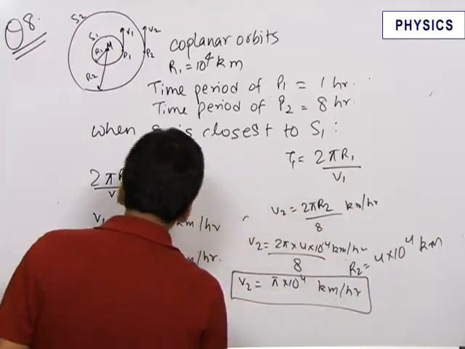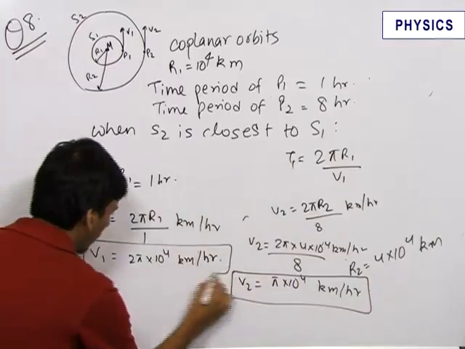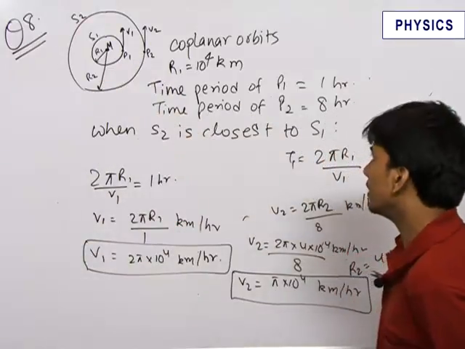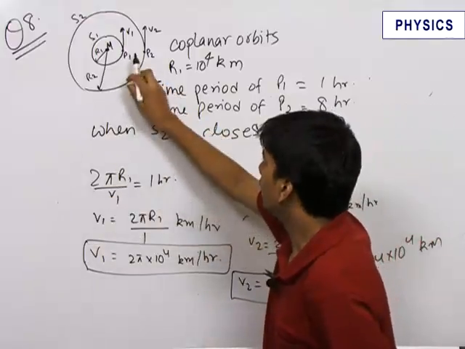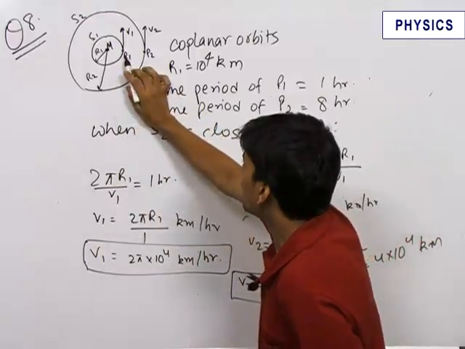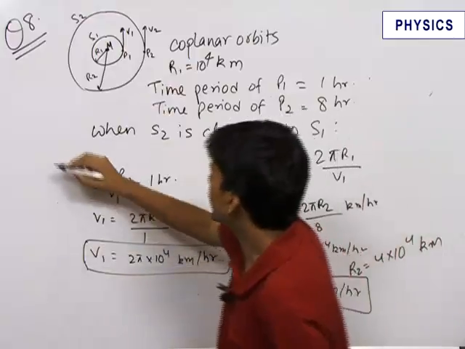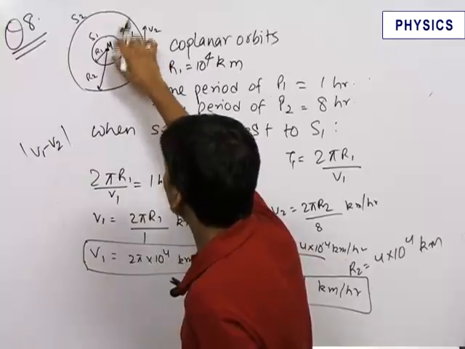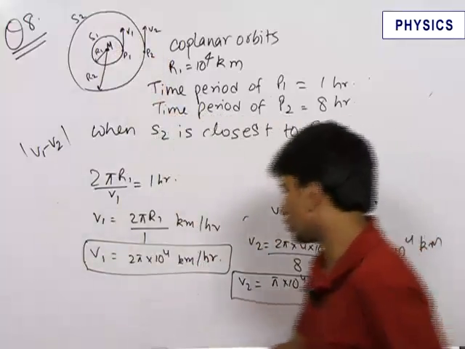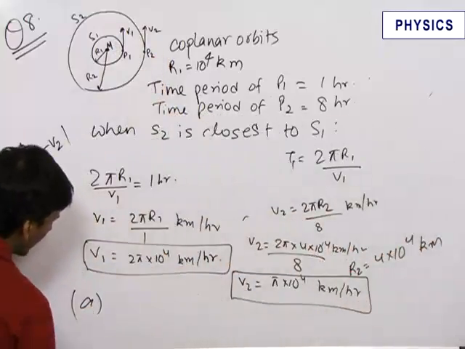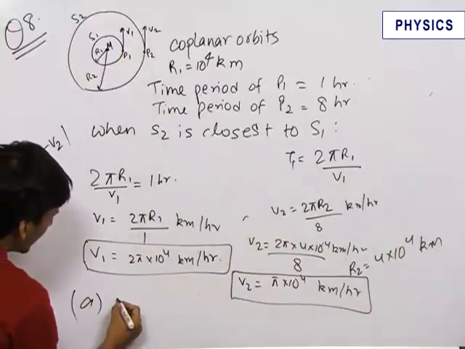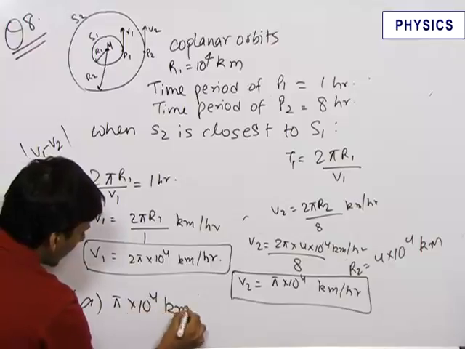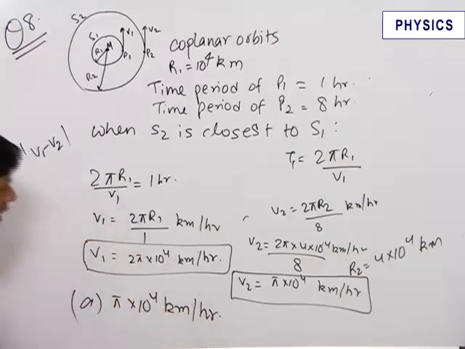This is our answer for v2 and this is our answer for v1. Now when they are closest to each other, the velocity of P1 with respect to P2 is equal to v1 minus v2, since both are in the same direction. So for part A, their relative velocity when they are closest is equal to pi into 10 raised to the power 4 kilometers per hour.